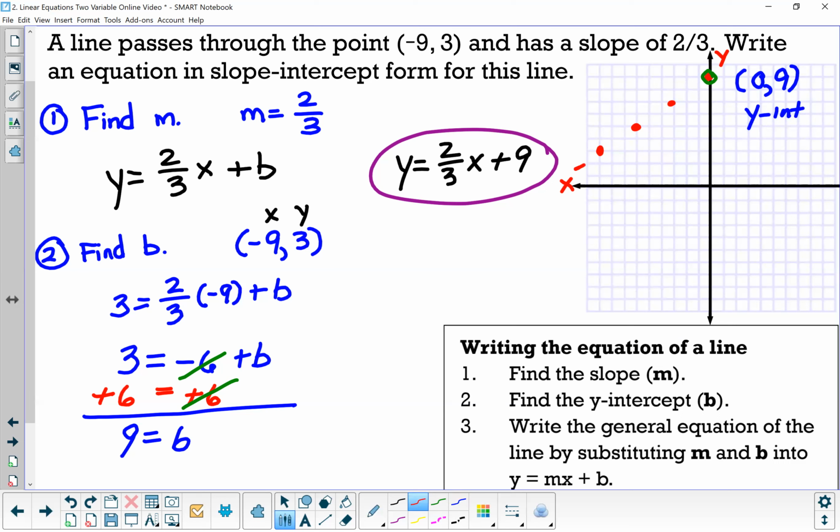So if you were to graph this line, you should get the same information. Sometimes it's harder to read the y-intercept from the graph, or it's not practical. But in this case, it is. The numbers are easy to read and very practical. So there we go. There's our equation of a line, and it makes sense with our graph.